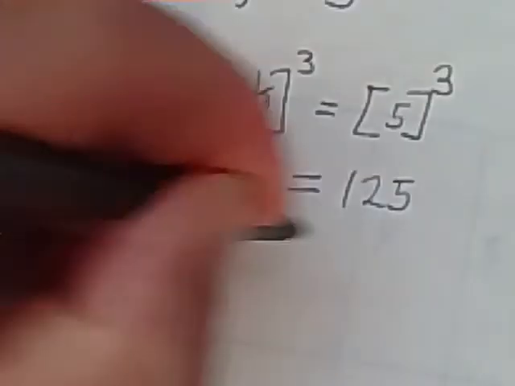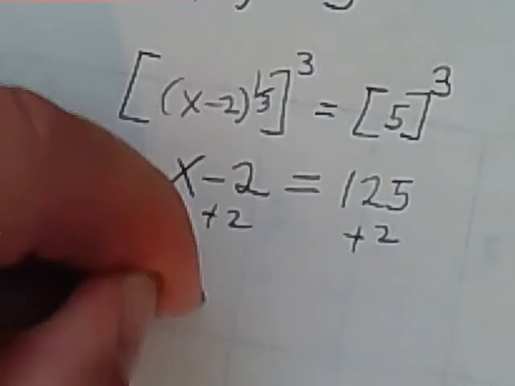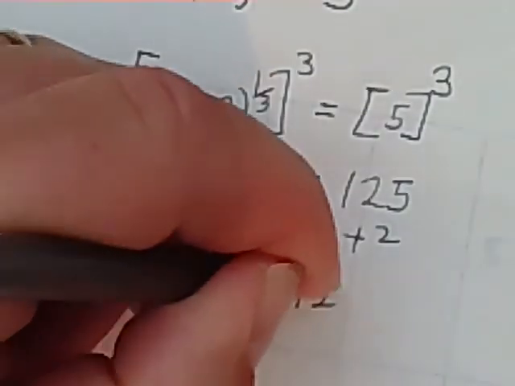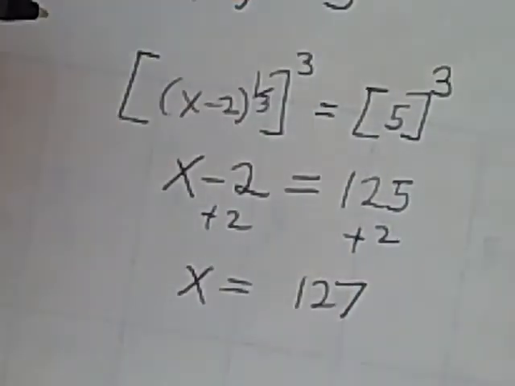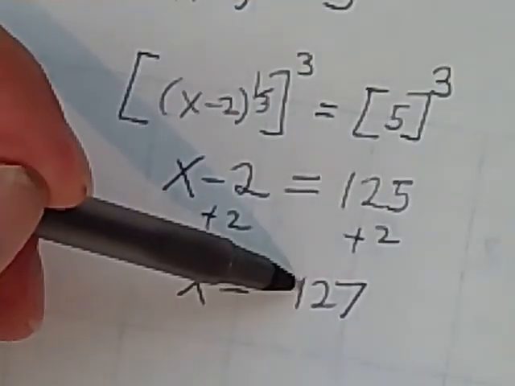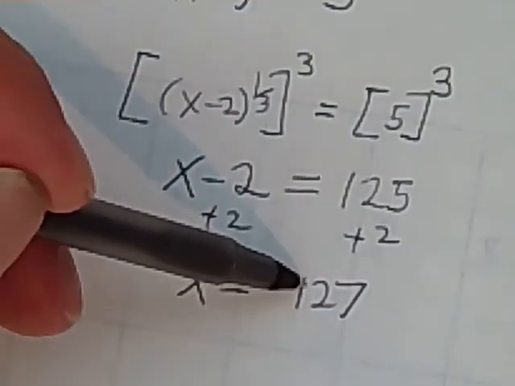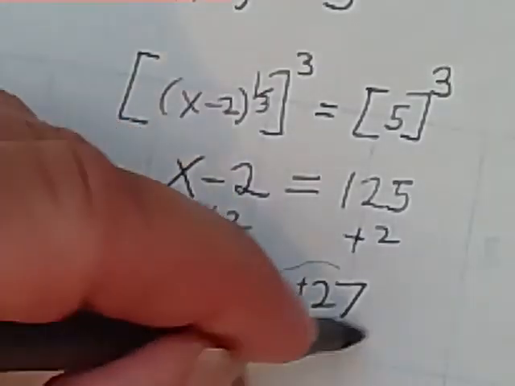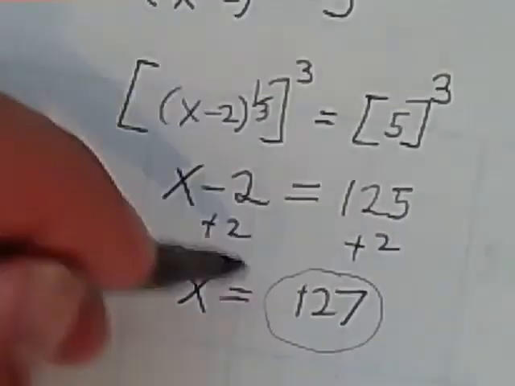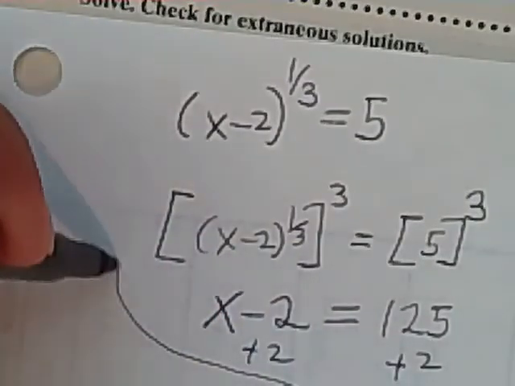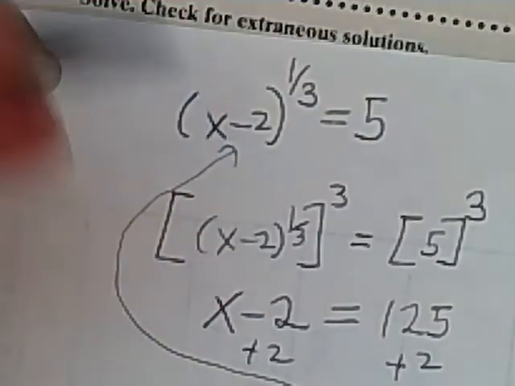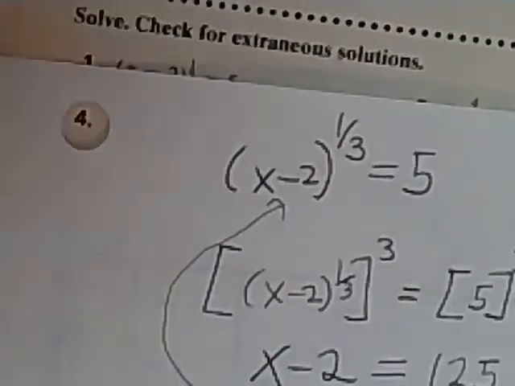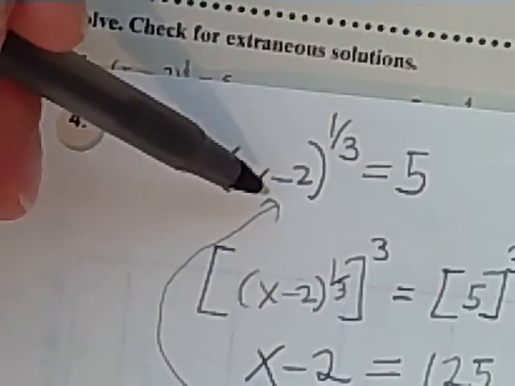I just add 2 to both sides, and it says x equals 127, but you're not done. It's not good enough to be here. You have to take whatever answers you think are the answers, and you must plug them back into the original equation and check and see, do they work here?